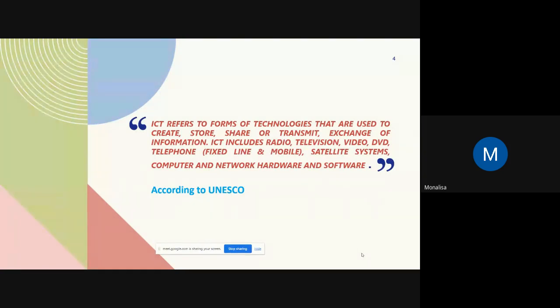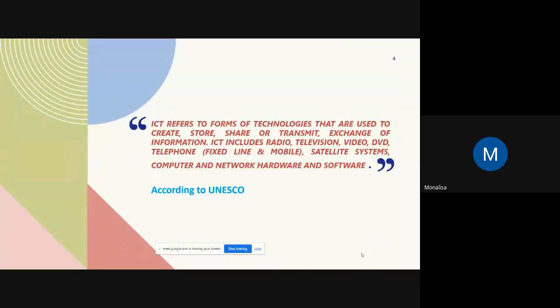Whatever we are doing right now is also based upon ICT. We are exchanging information. I am delivering a session, you are learning something, I will also learn something from you. So whatever we are interacting, this is based upon ICT. We are using computer, we are using network, everything is based upon ICT. So all the educational platforms are now based upon ICT.